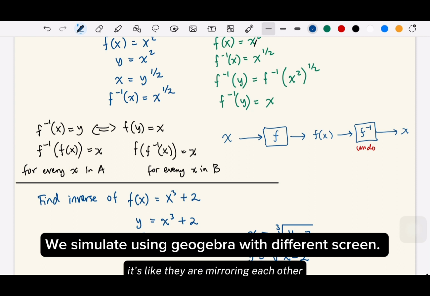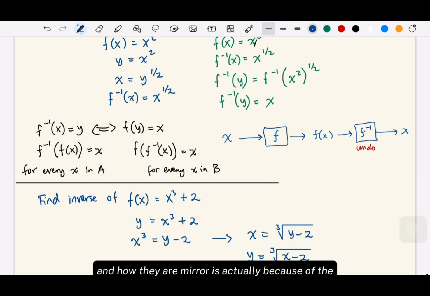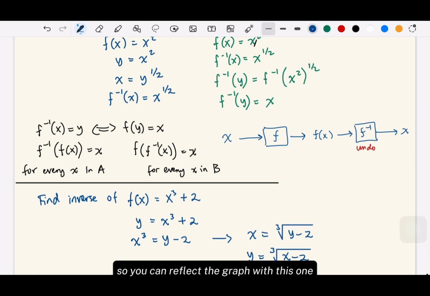It's like they are mirroring each other. And how they mirror is actually because of the line y equals x. So you could also consider an inverse from a graph. You can reflect the graph across this line.